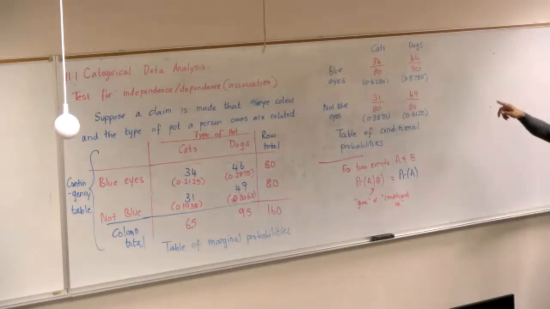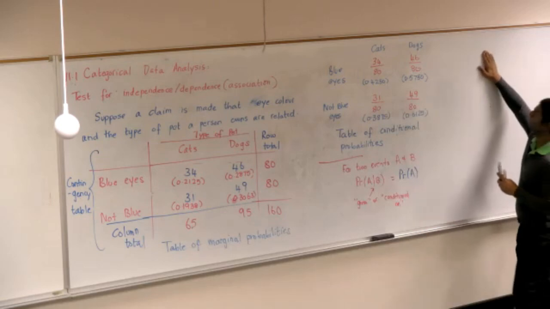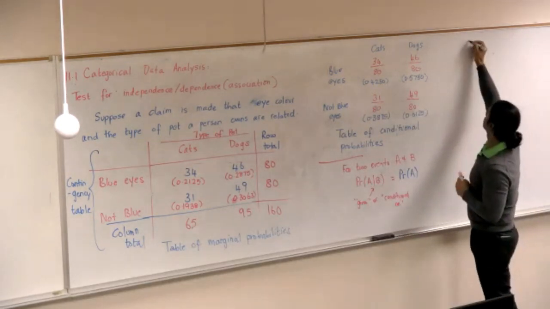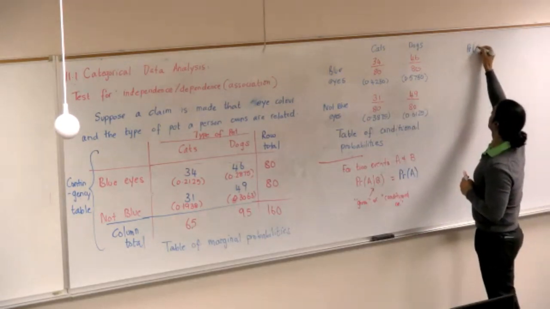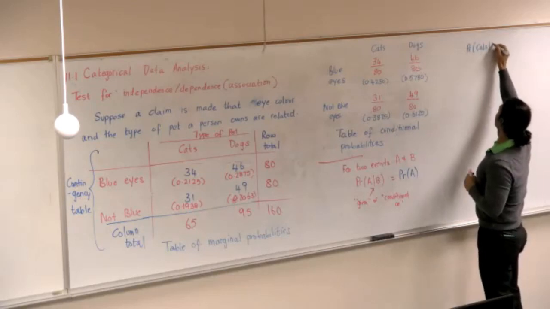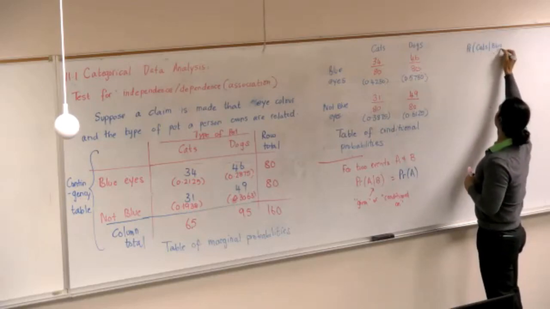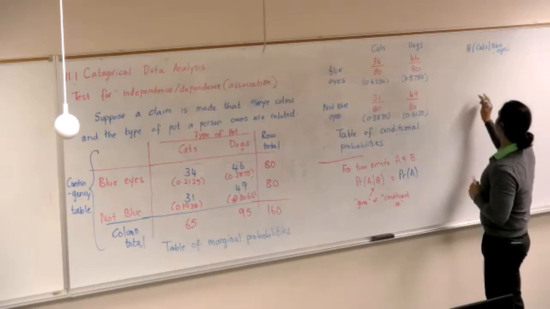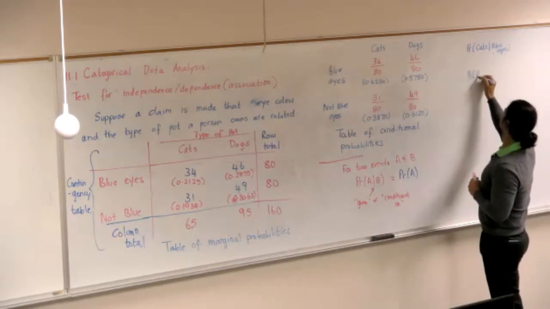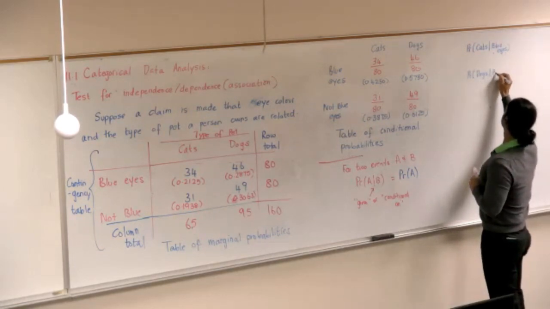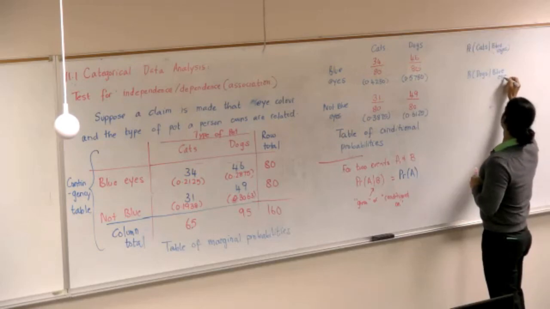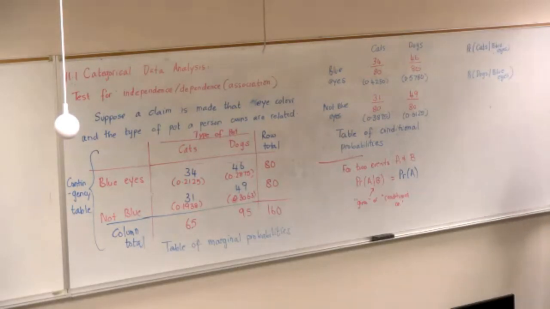We want to look at the conditional probabilities. So we want to look at the probability of cats given blue eyes, dogs given blue eyes.